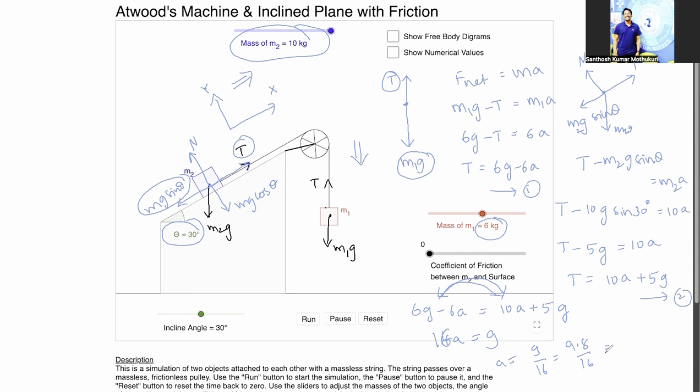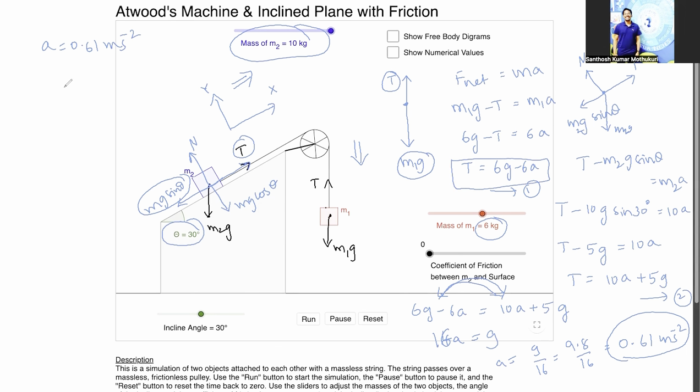Let me check what 9.81 by 16 is giving me. 0.6125. So I'm taking it as 0.61 meter per second square. Acceleration is 0.61 meter per second square. Now I'm going to take one of the equations and substitute that in order to find out the tension.